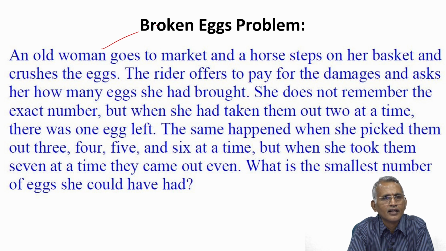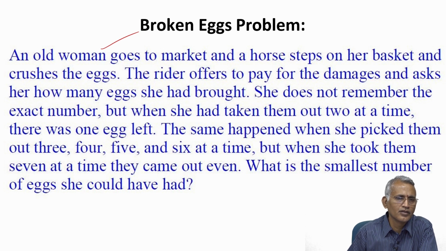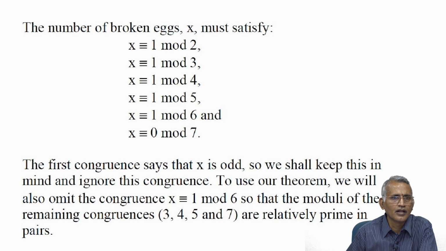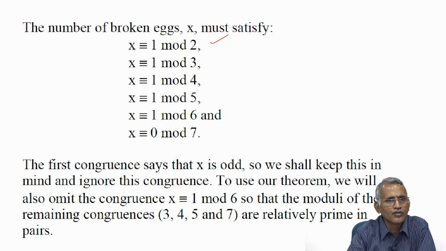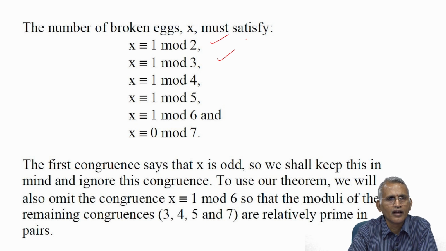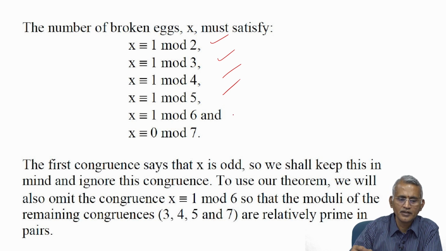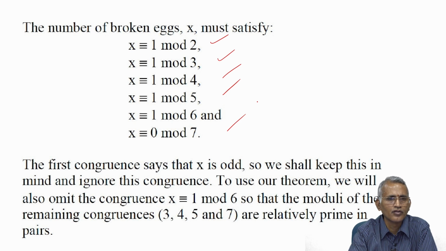Remember this question and then convert it into a mathematical equation, which is called modeling of this problem. So, the number of broken eggs x must satisfy x identically equal to 1 under modulo 2, x identically equal to 1 under modulo 3, x identically equal to 1 under modulo 4, x identically equal to 1 under modulo 5, x identically equal to 1 under modulo 6, and x identically equal to 0 under modulo 7.